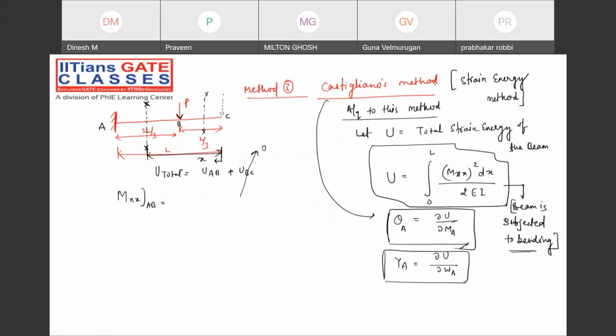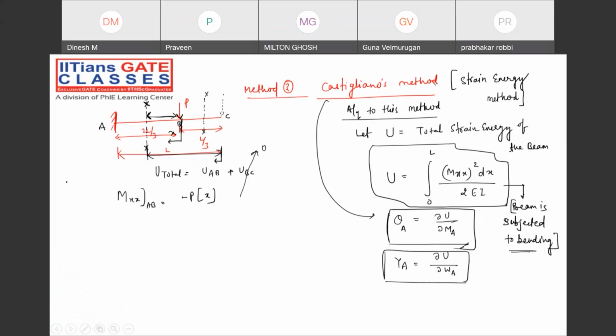Why make the integration complicated? Instead, we can take the distance from point B only. That would be a very good idea, right? So we can just find minus P into x. Minus P into x is the bending moment that is acting.